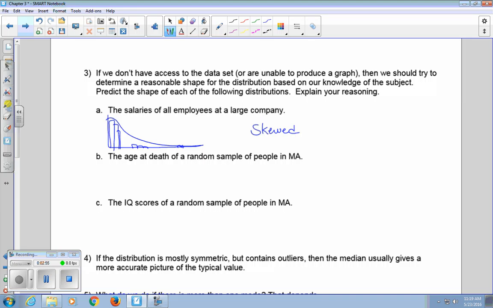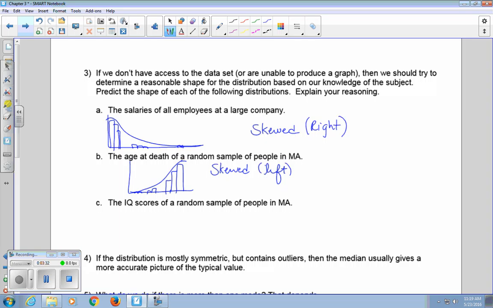The age of death of a random sample in Massachusetts. If we think about what we would expect to see, we'd probably expect most people dying in their later years, with a few people, accidents and such, down here. So this one is also skewed, only this one is skewed left, where the salaries were skewed right.